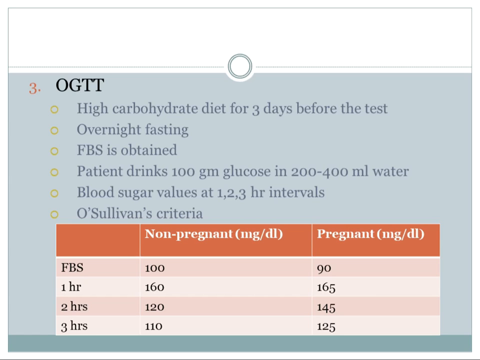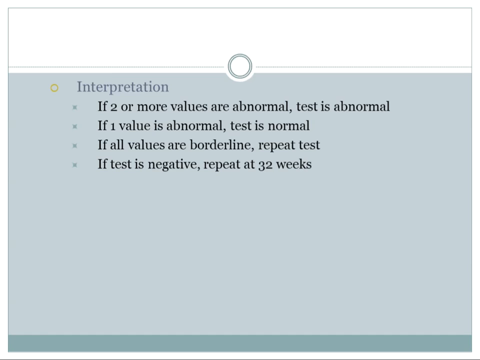So remember, according to the 75 grams OGTT, I'm sorry that slide is not there, the fasting level is 92 milligrams, the 1 hour value is 180 milligrams, and the 2 hour value is 153 milligrams. If even one value is more than normal, we consider the patient to be diabetic and start treating her. Okay, so these two are the main tests that we are doing. One is a screening test, one is the OGTT for detection of diabetes.